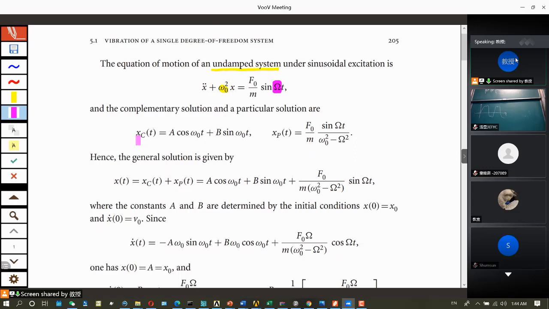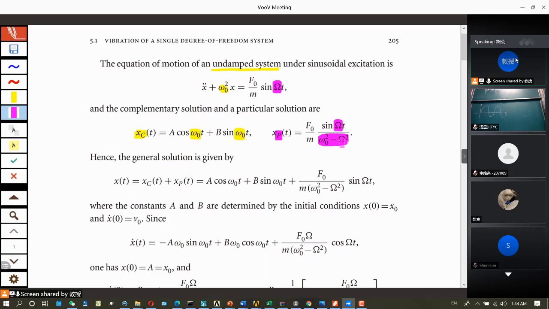We can solve the differential equation. We have the complementary solution, it's a cosine omega 0 t plus b sine omega 0 t. Okay, and then the particular solution depends on sine omega t, the excitation, and then the denominator is this omega 0 squared minus omega squared.